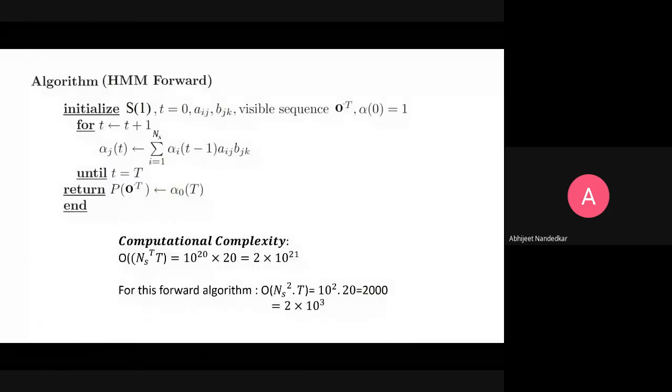The calculation that earlier was of the order 2 into 10 to the power 21 will now, with this type of alpha calculation, be of the order 10 to the power 3 for the same problem. So we have a huge reduction in calculation.